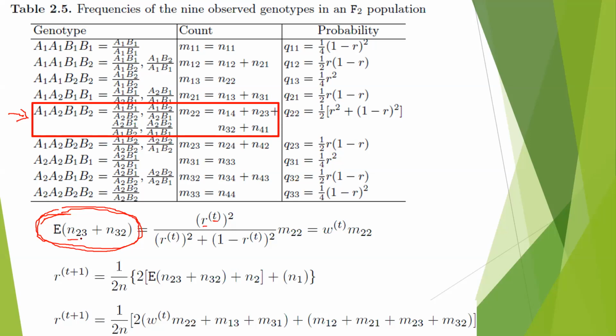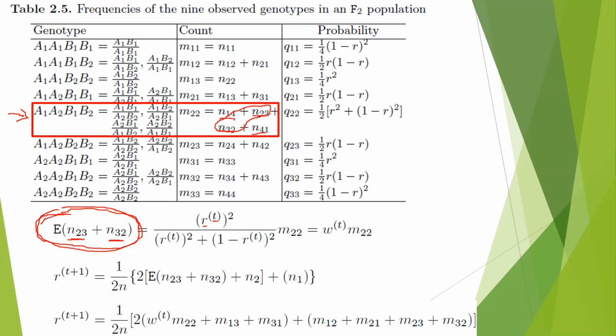So first, can you tell me what are these two numbers here? Those are the values that we do not know. Yes, we do not know these four numbers, right? How about these two numbers? What do these two numbers represent? These are the non-parental ones.